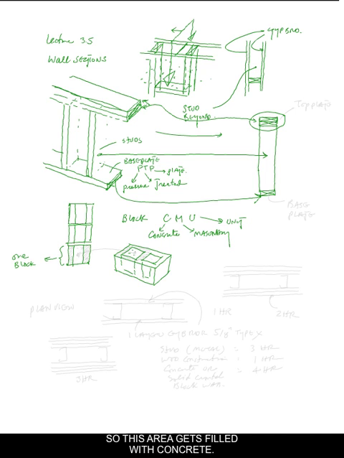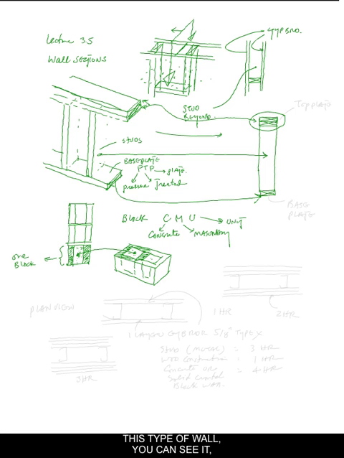So this area gets filled with concrete. So when this filler in here is shown, this is referring to this. And the perimeter, which is made out of the cement, is shown exactly like this. So you see how the diagrams basically give life to the information if you look at them three-dimensionally and two-dimensionally.